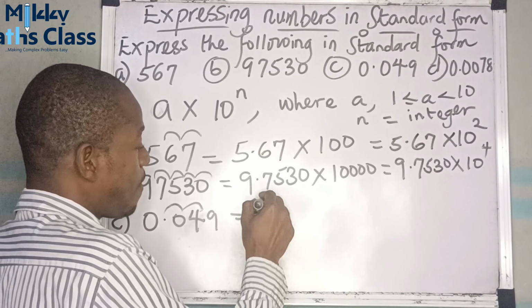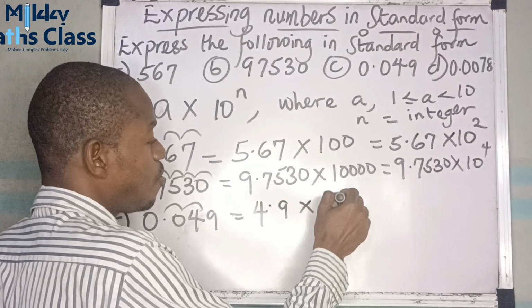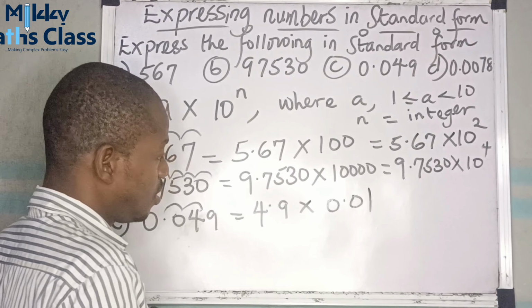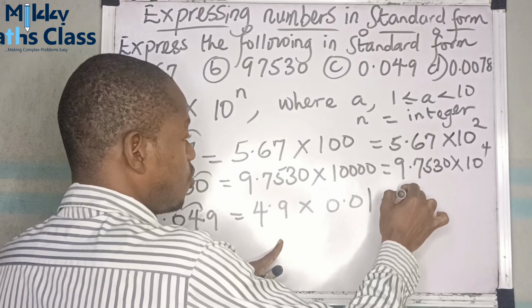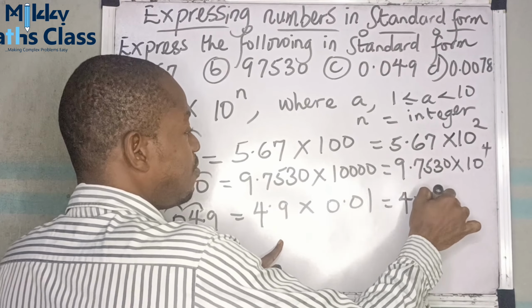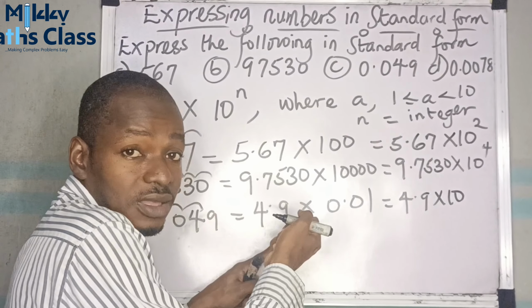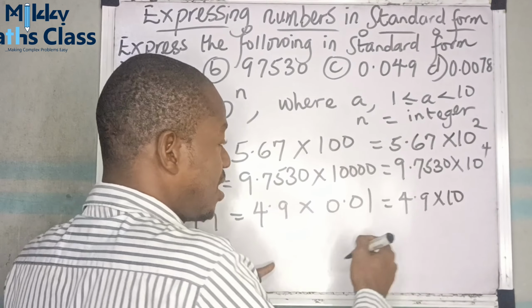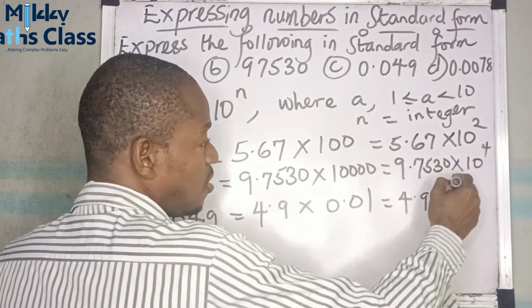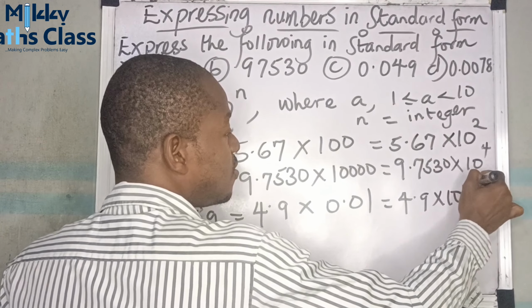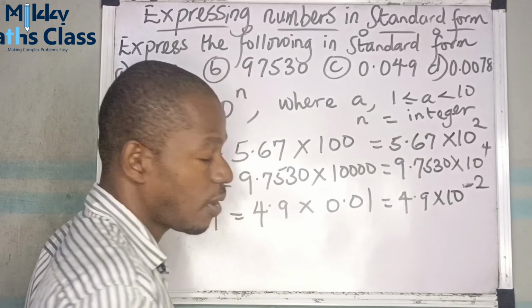So that will be 4.9 times 0.01. Now this becomes 4.9 times 10 to the power of, when we are going forward, the power will be negative. And how many times did we go forward? Twice. So that will be 4.9 times 10 to the power of negative 2.